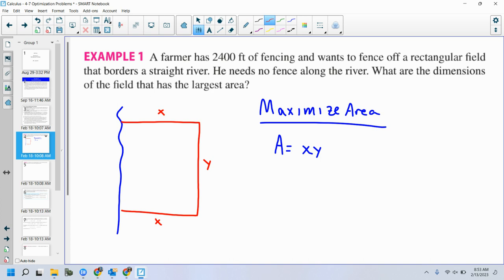What's another equation that I could come up with for x and y? Not x squared times y. The perimeter, basically, without the river: 2x plus y is 2,400.